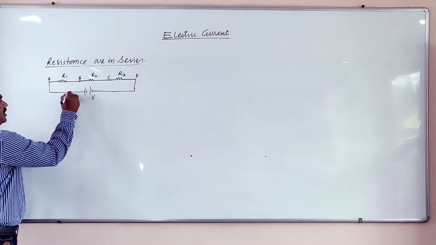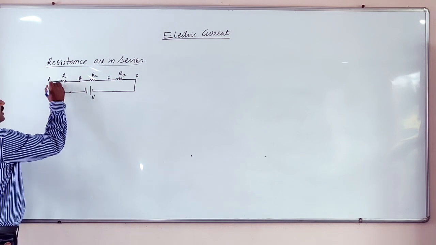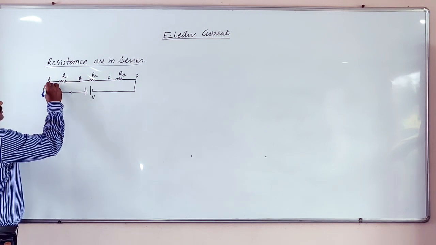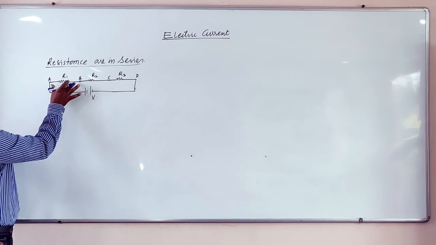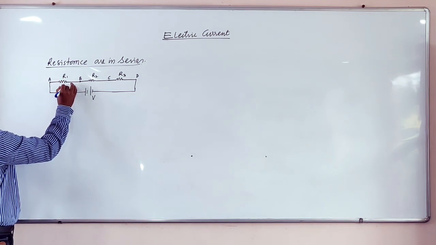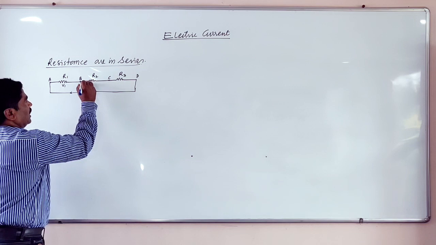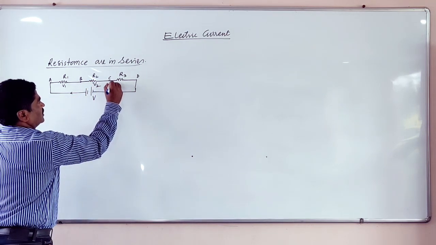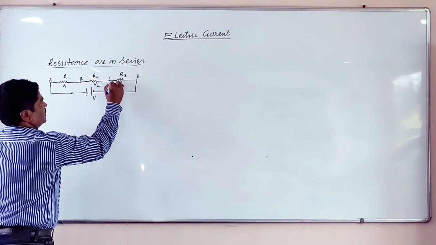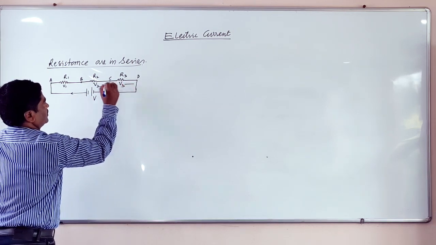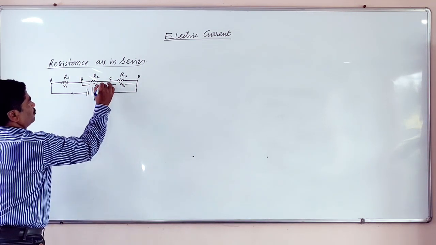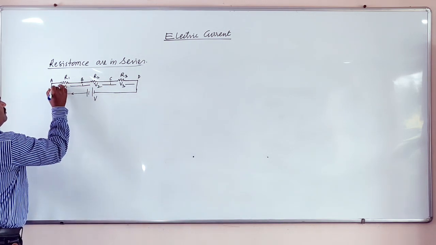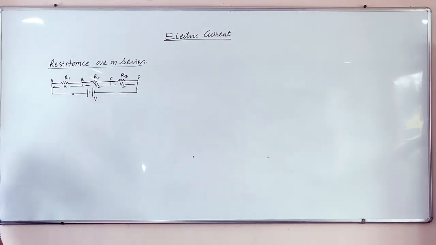Now the potential difference of this battery is V, and the resistances are R1, R2 and R3. The potential difference across the first conductor is V1, across the second conductor is V2, and across the third conductor is V3. So these are the potential differences of the three resistances.